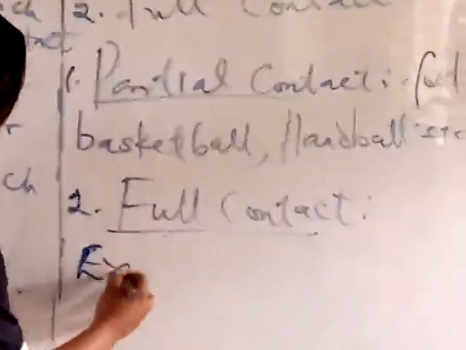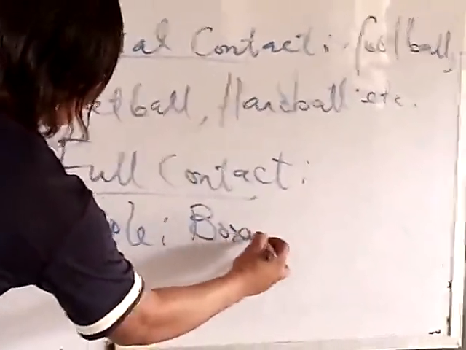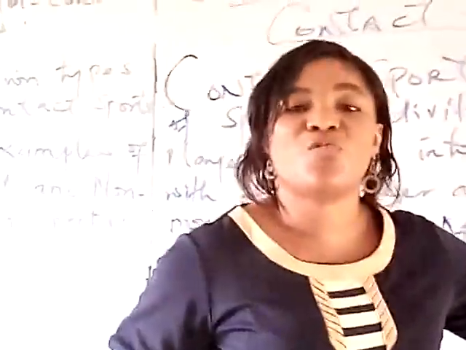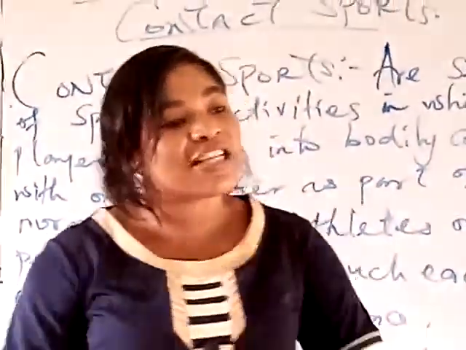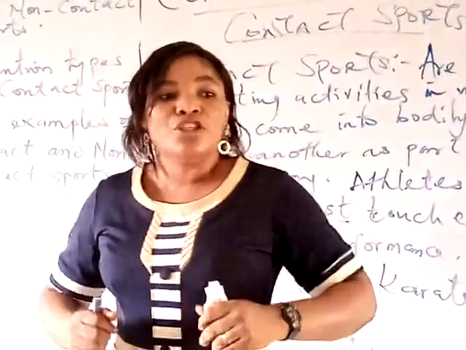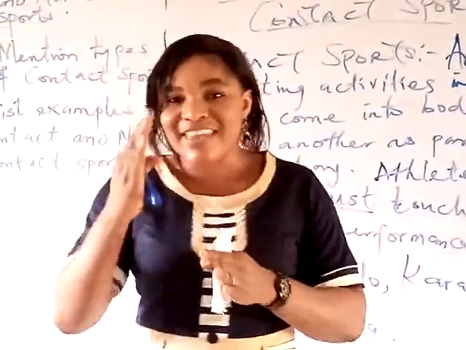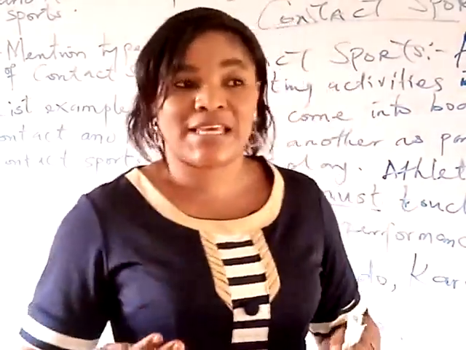For example, boxing. Boxing is one of the examples of full contact because in boxing you punch your opponent, and your opponent punches you. You do a particular thing to your opponent, and they reply.